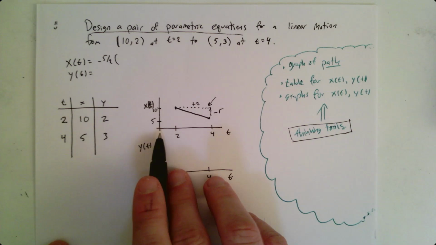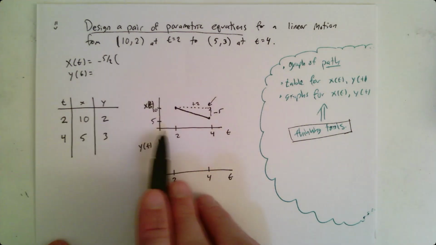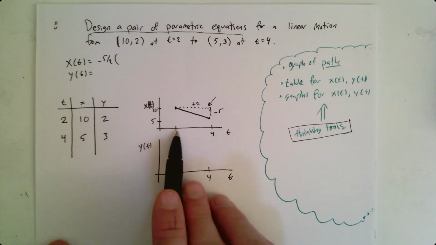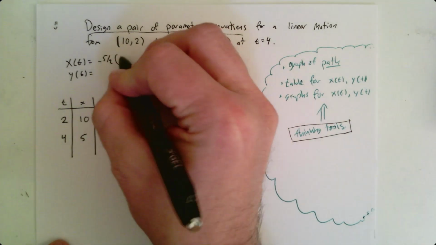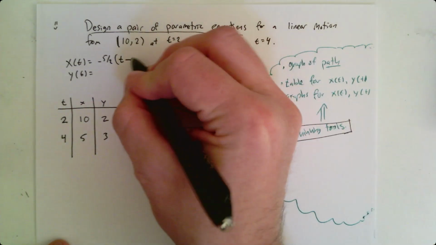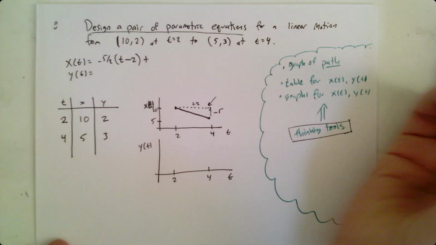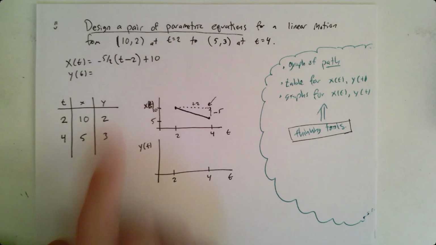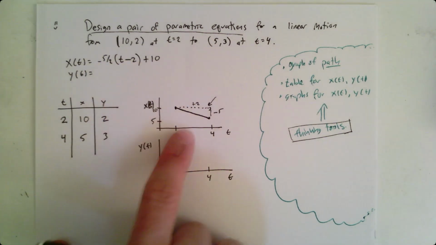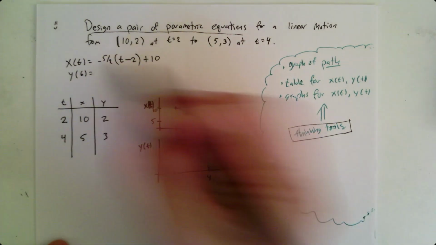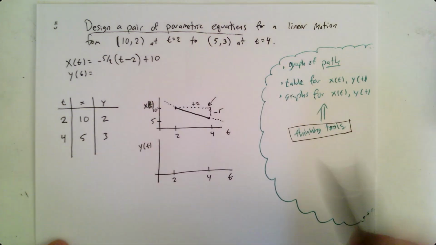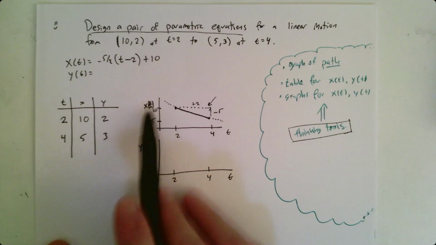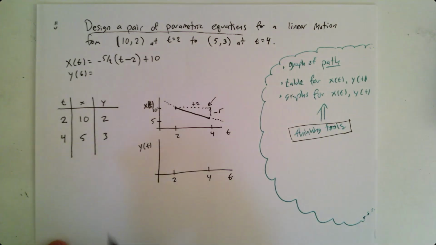I'm going to take a line with that slope, but now I'm going to shift it right by 2 and up by 10, so that I know it goes through this point. So I know that that should fit this curve. Of course, this equation continues in both directions. But I didn't say in the problem what I wanted it to do outside those time bounds, so that's fine.